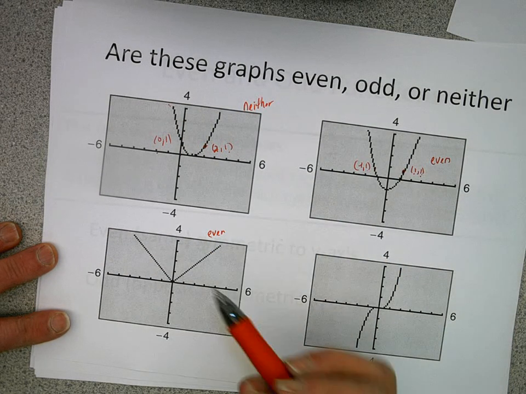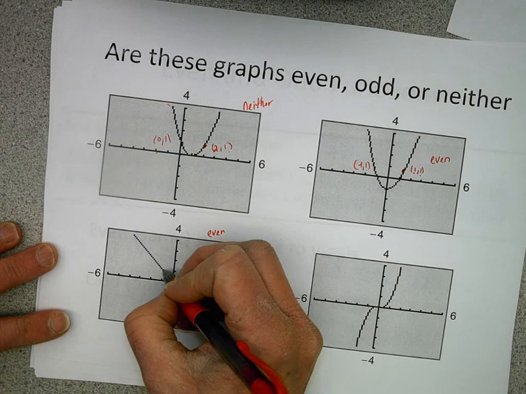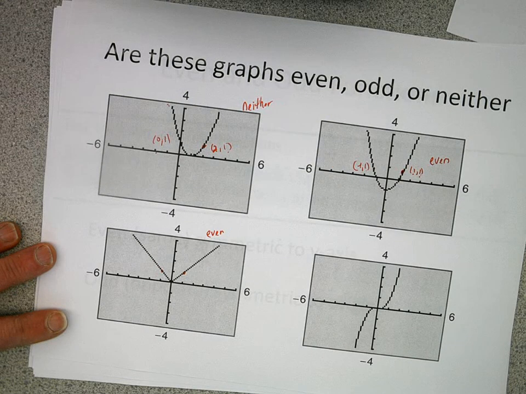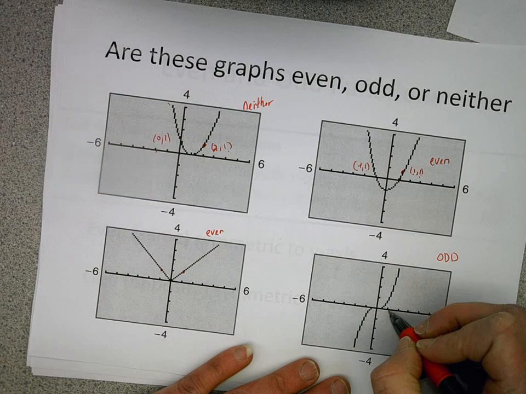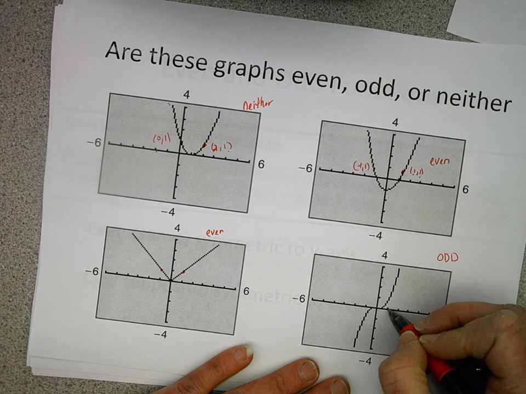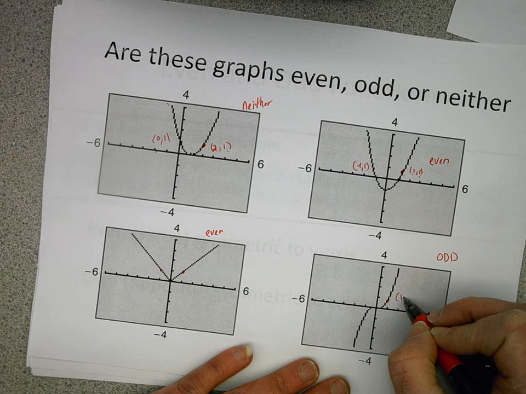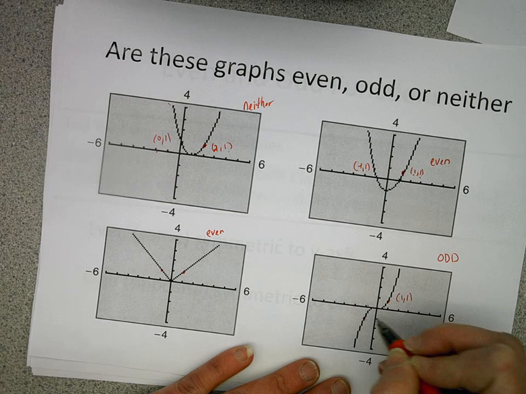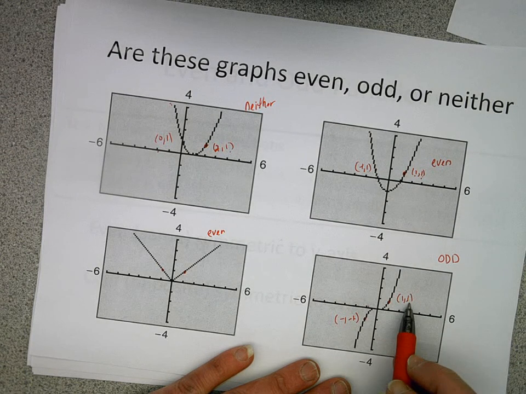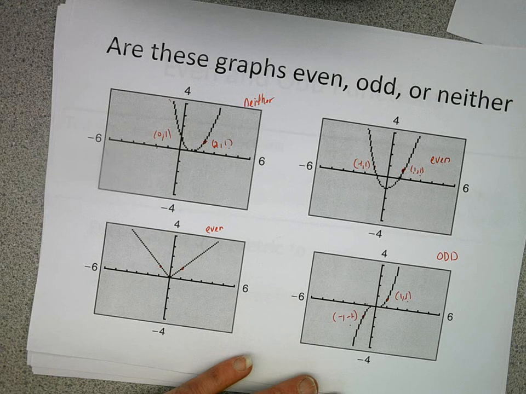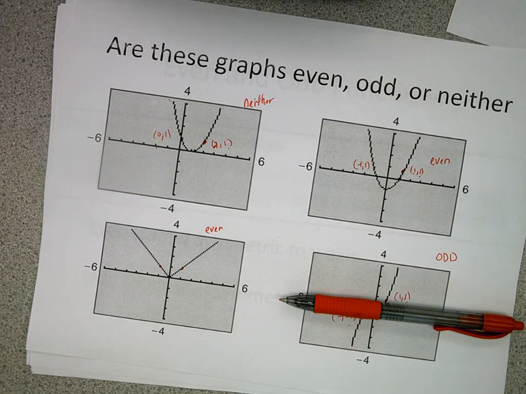And again, this point might be (1, 1), and this point might be (-1, 1). Where this one is odd, because let's say this point is (1, 1) also. This point looks like it's (-1, -1). They're exactly opposite of each other, so that's odd. It's also symmetric to the origin, not the y-axis.